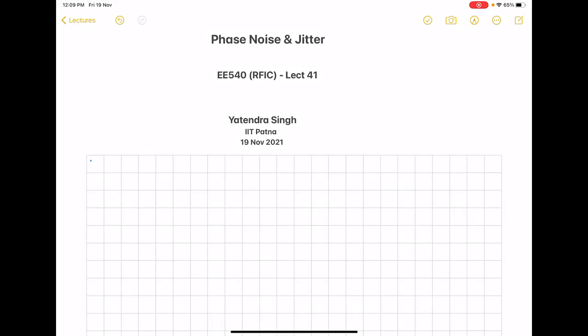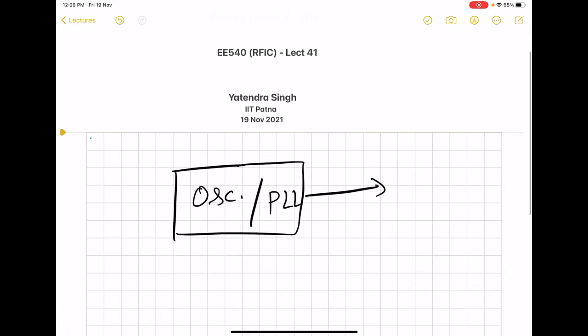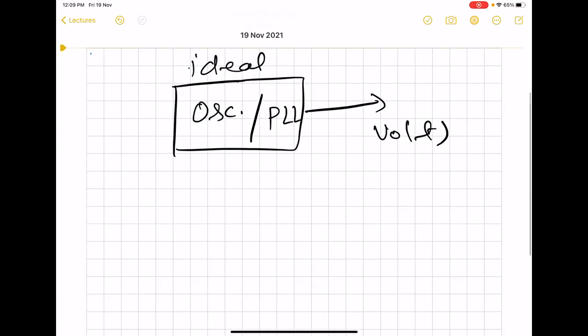So if we have an oscillator or PLL, and if this is ideal, then we will have output voltage V_O(t), and this is going to be periodic.